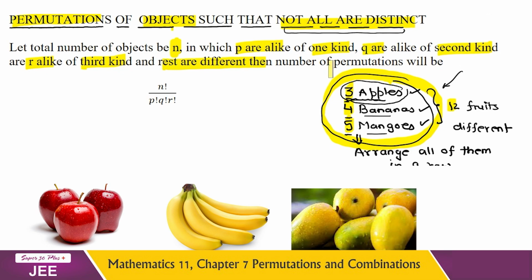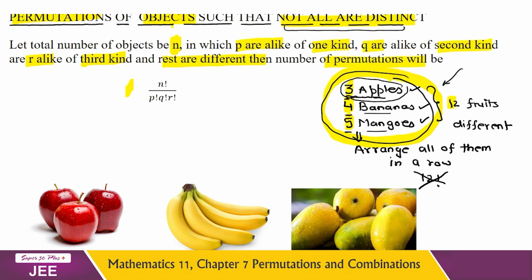Then the number of permutations of such objects will be equal to n factorial divided by p factorial into q factorial into r factorial.